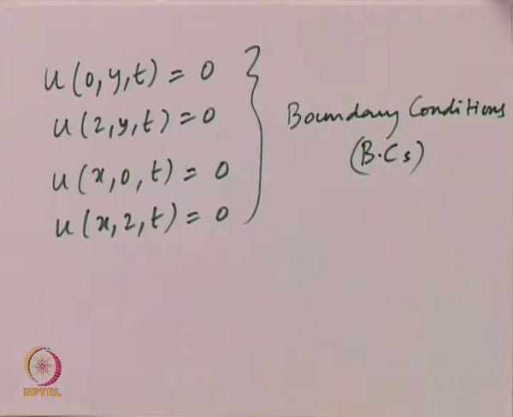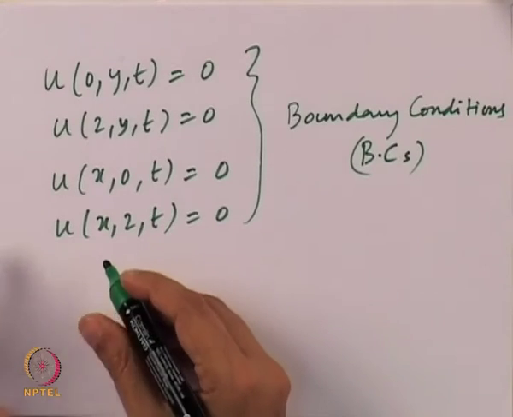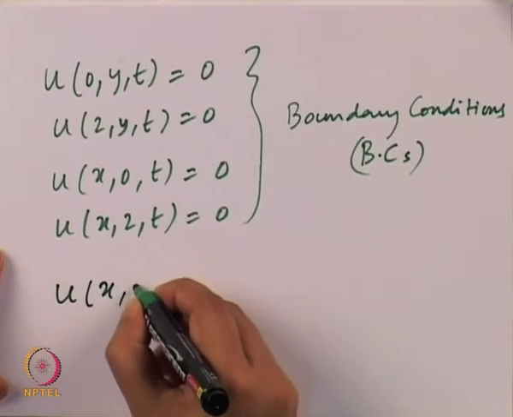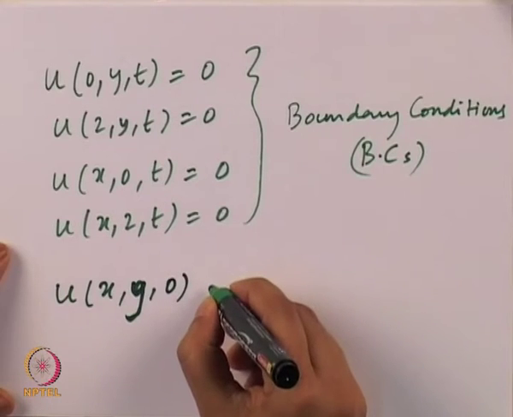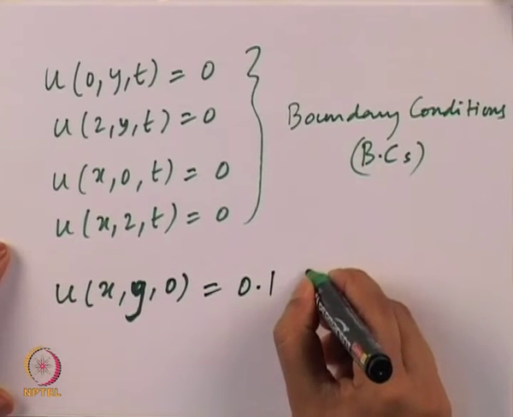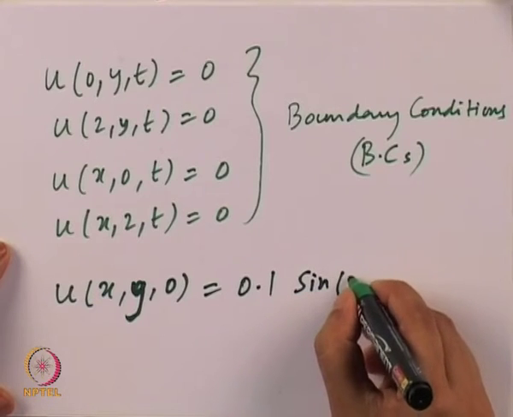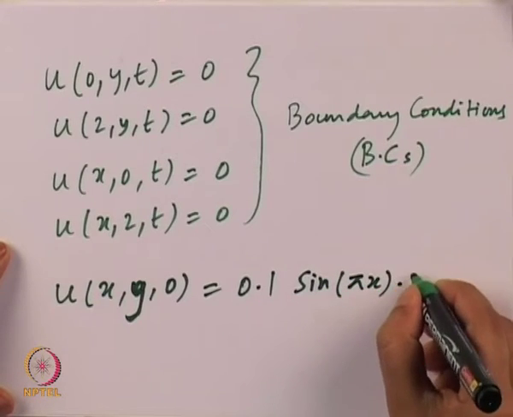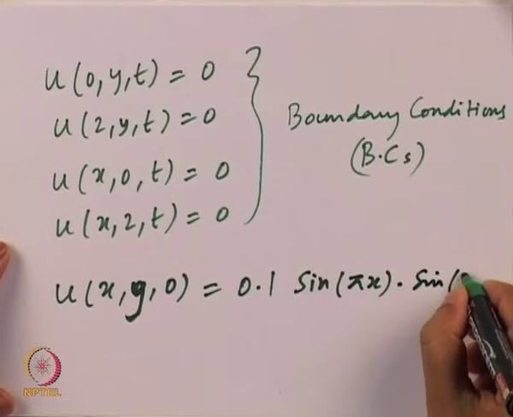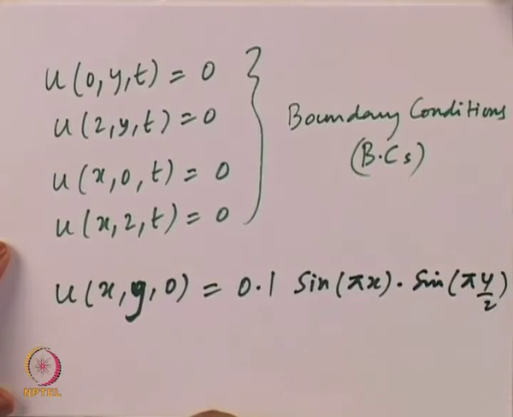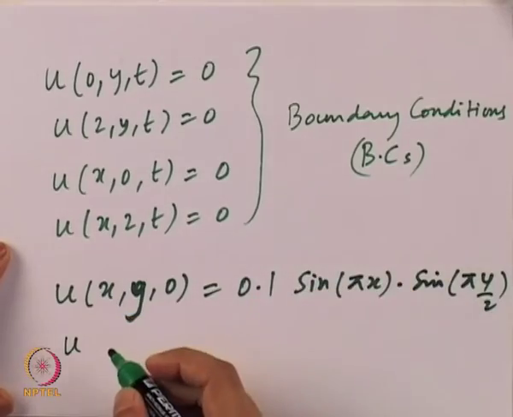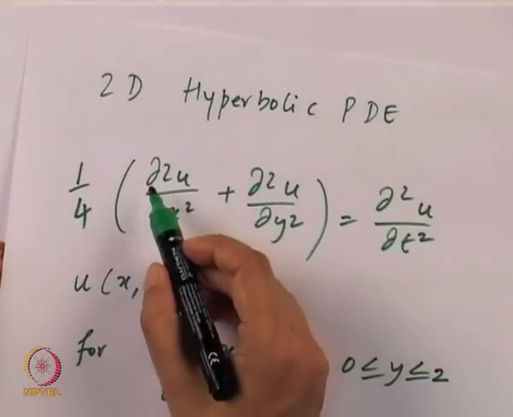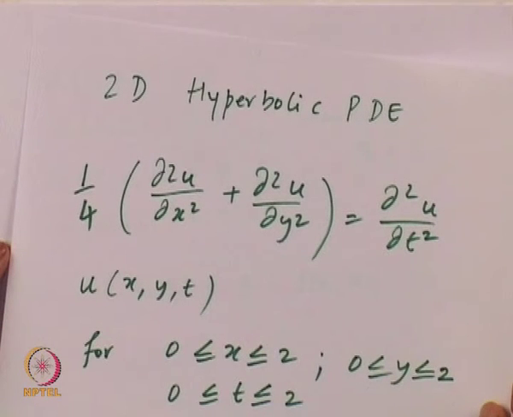And we are also going to have some initial conditions. u(x, y, 0) is equal to 0.1 sin(πx) multiplied by sin(πy/2). And since it is a second order equation in space and time, we have to give 2 initial conditions.